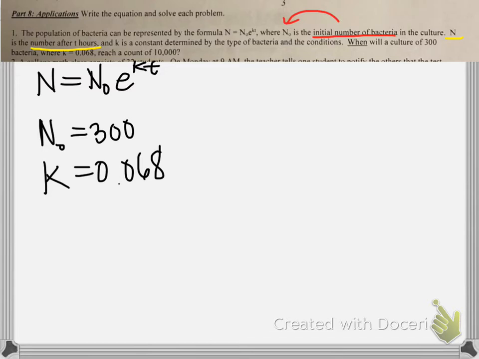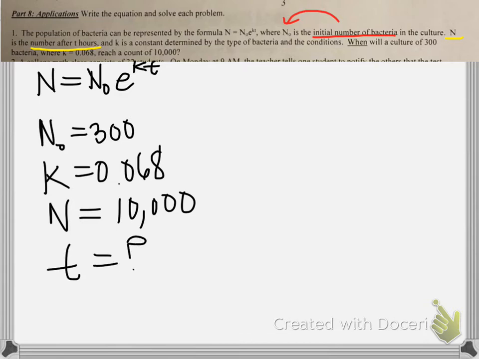So count would be N, right? Because that's the total. And then the question is when will it reach that amount, right? So we're looking for t, right? This is what we're looking for, and it's supposed to be a question mark.